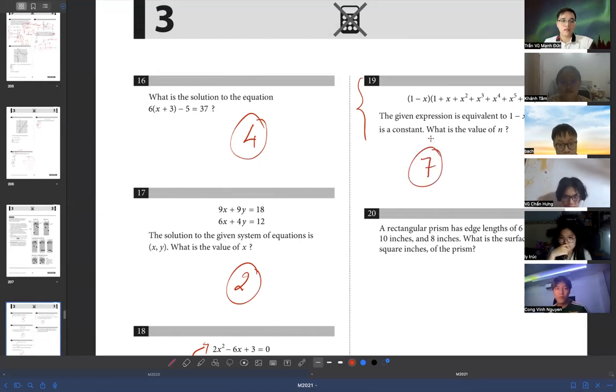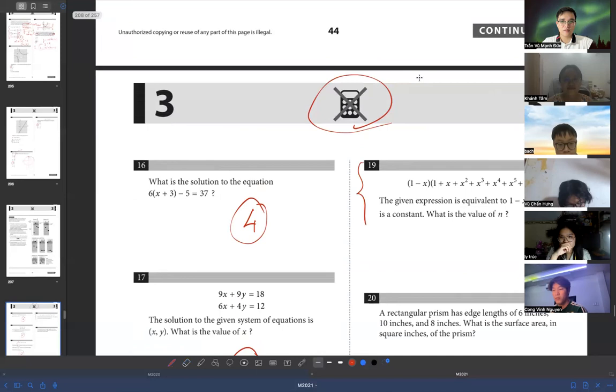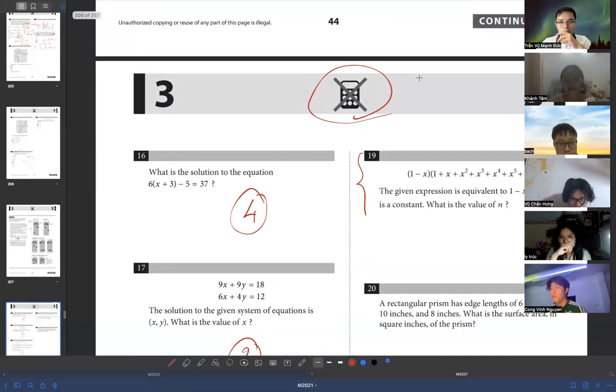How did you do 19? I used my calculator to use the verify function. All right. Okay, that's very smart. Well, if you don't have a calculator, in this case, you're going to have to do what? Do you know? Using the formula.